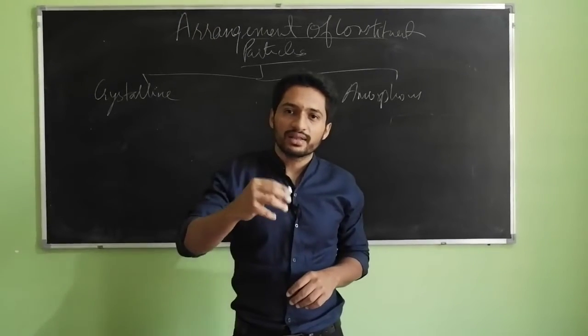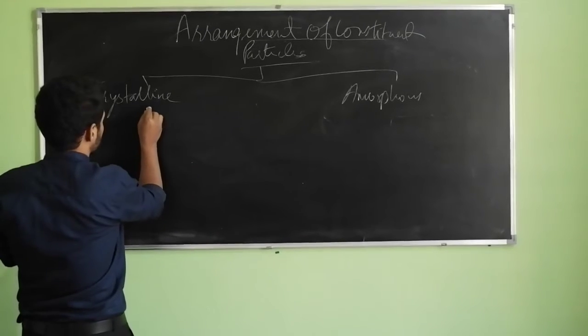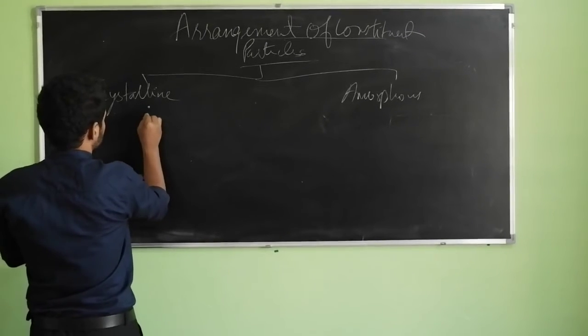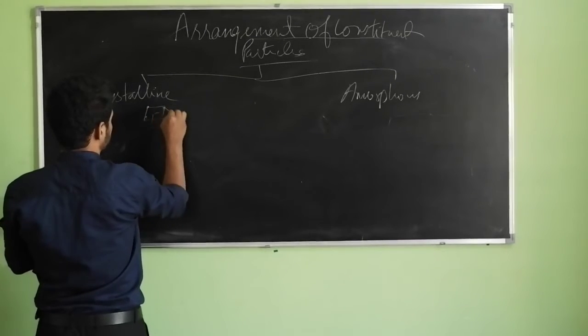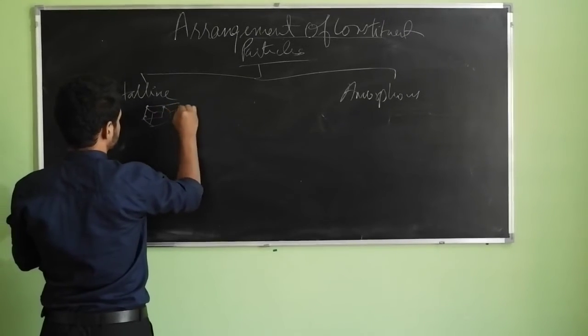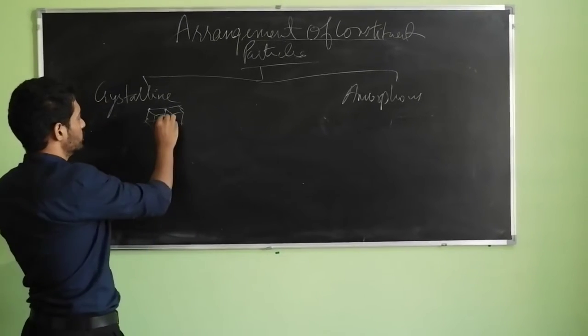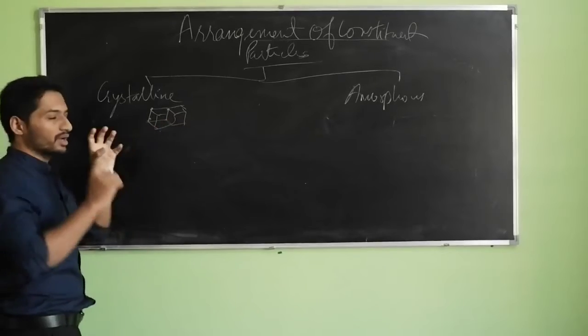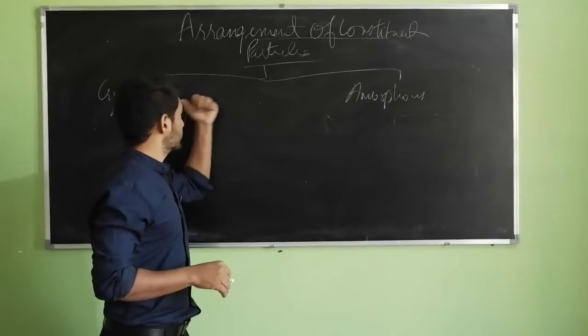The geometry is a regular arrangement. For example, if I have constituent particles, let's say atoms, and this arrangement is there, like 2 cubes, what does this mean? There's a regular geometry to the arrangement. Those are crystalline solids.